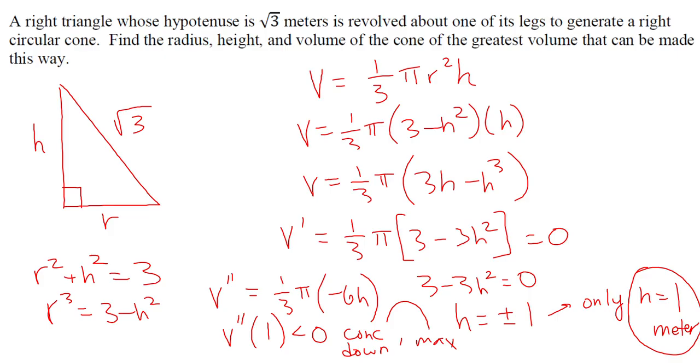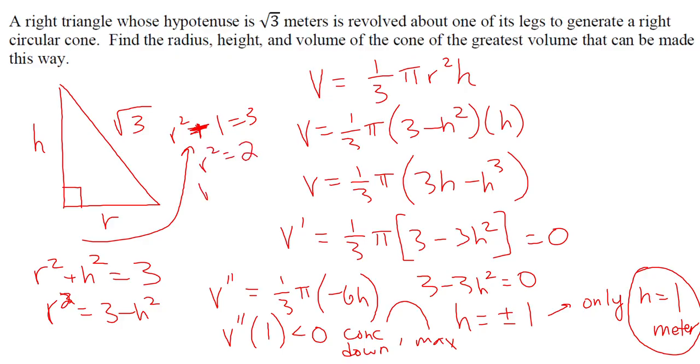We also need to figure out what the radius is and what the actual volume is. So our radius, we should be able to find by just solving this other equation. r squared plus h squared equals 3 tells us that r squared plus 1 equals 3, or r squared is 2.